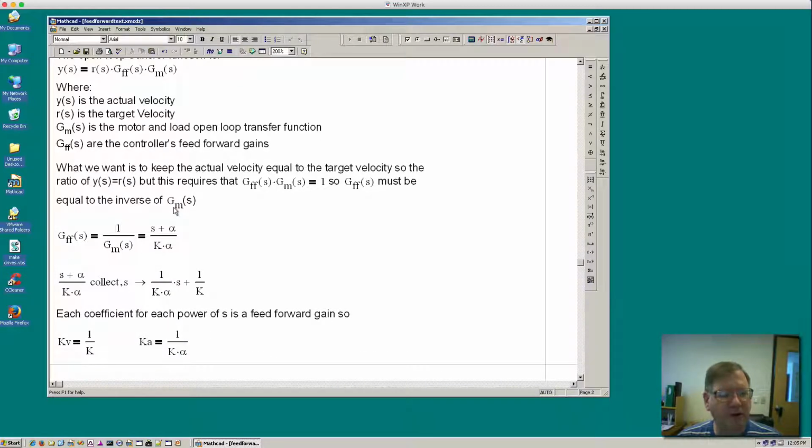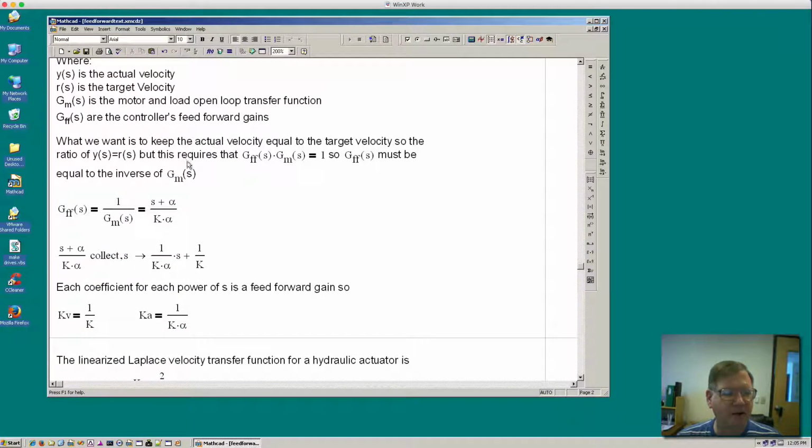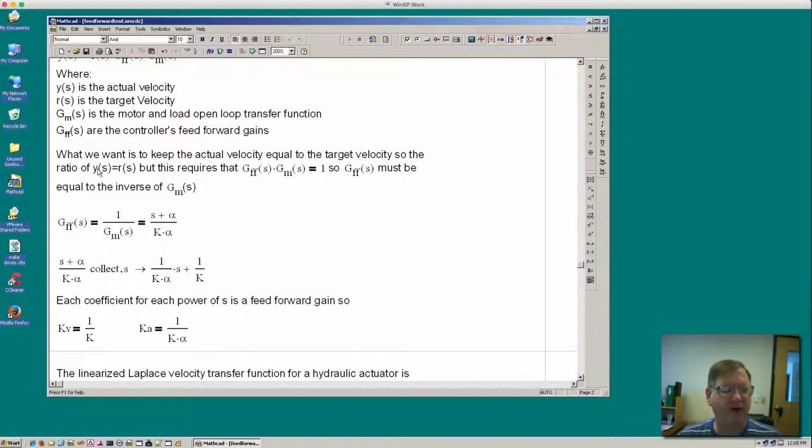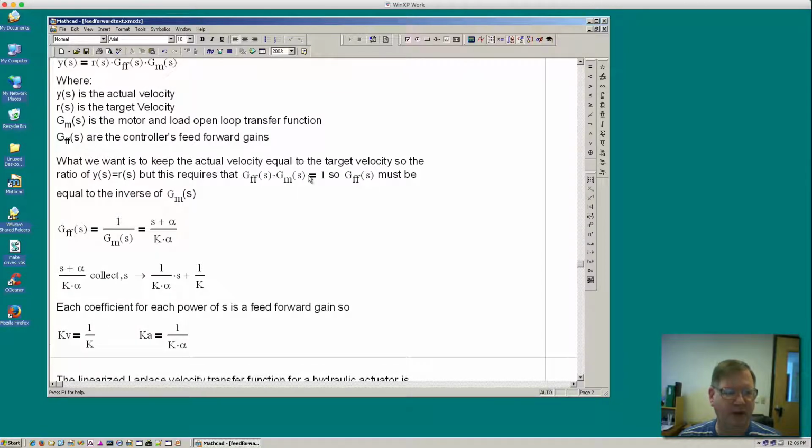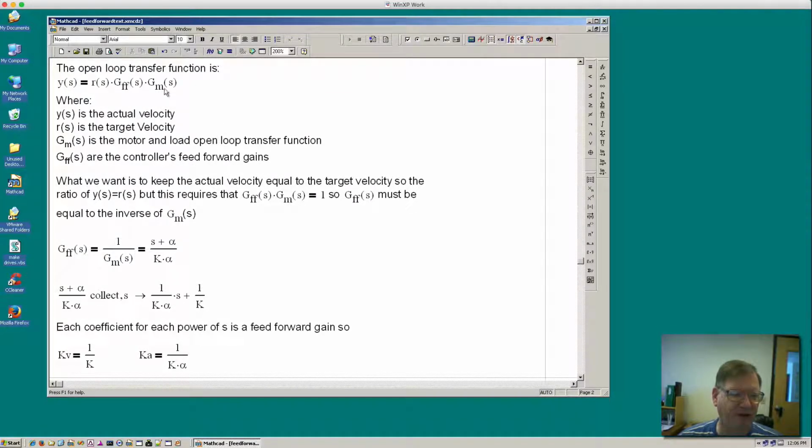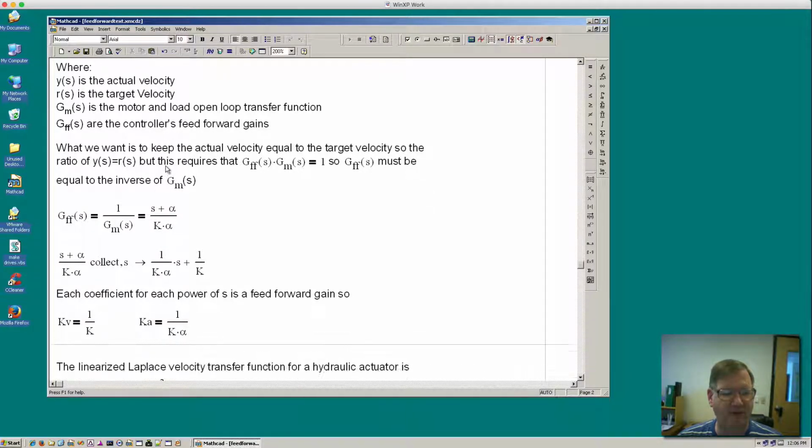So down here, what we can see is that to have the actual velocity equal to the target velocity, we need to have the feed-forward terms of the controller times the model for the plant be equal to 1. You can see that from here. This term is 1, so that would mean the target and the actual velocities are the same.